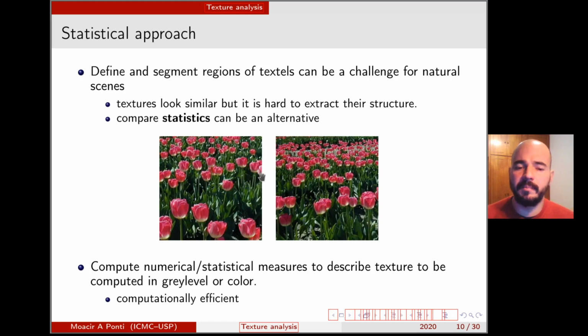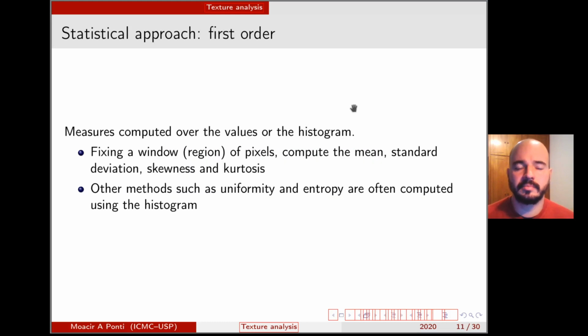So I can use numerical or statistical measures to describe texture to be computed either in gray level or color. We often compute it in a single channel, for example, by converting an RGB image into grayscale by some means. Before, I talked about color and its most simple way to describe, which are histogram-based approaches.